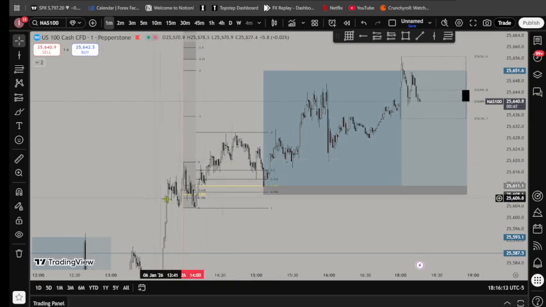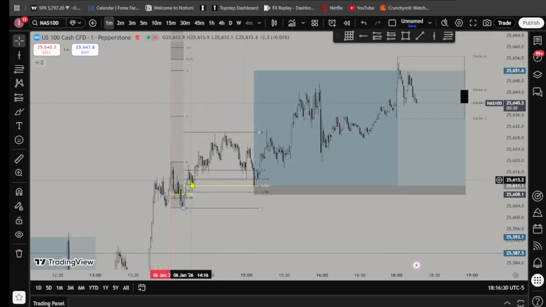Now, there's not really a good inverse gap right here to enter off of, right? So we see this first move, this first breakout go up. We do once again OTE, bottom of the range, top of the breakout range, right? We see once again this 0.618, yes, there's this gap right here. It's already been partially filled.